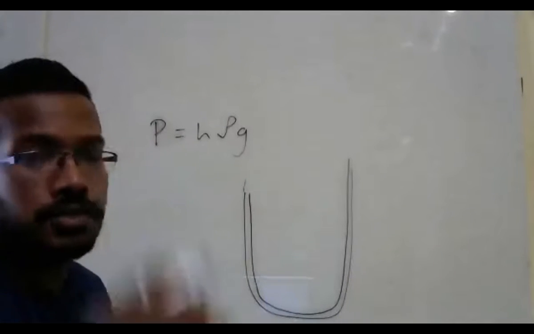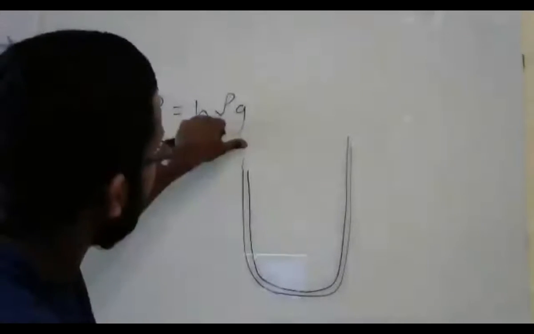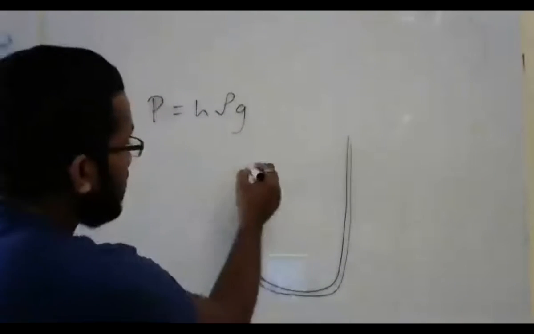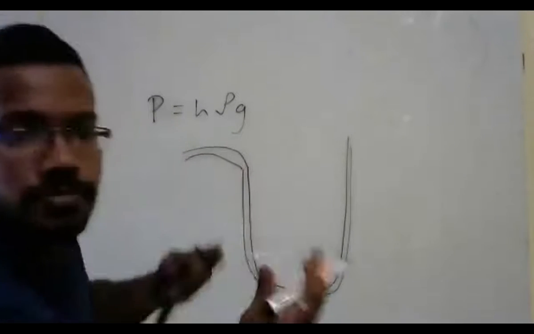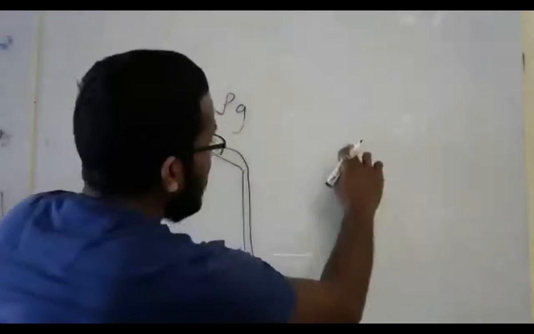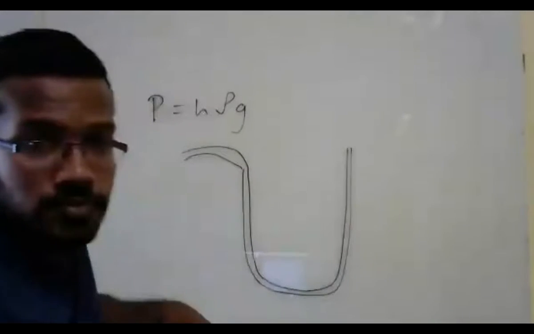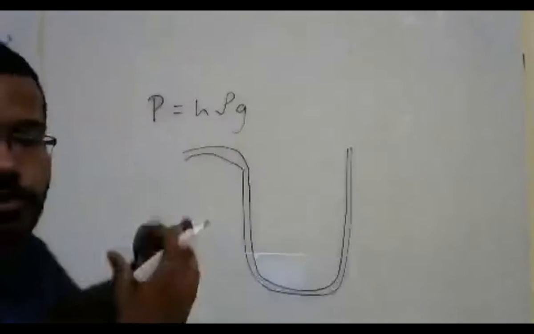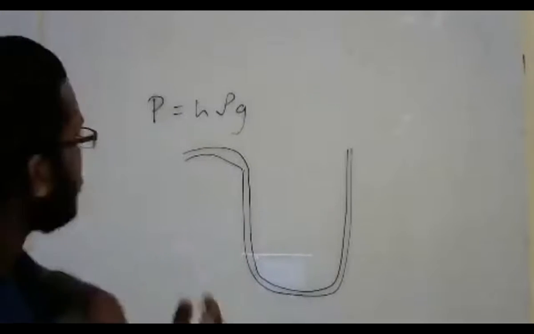So it's a glass tube open at both ends, and one of the ends is connected to the pressure that you want to measure, or basically there's a pressure difference on the two ends. So one common iteration is to have this open to the atmosphere, and this one may be connected to a room or a gas cylinder or something like that, just to measure the pressure.